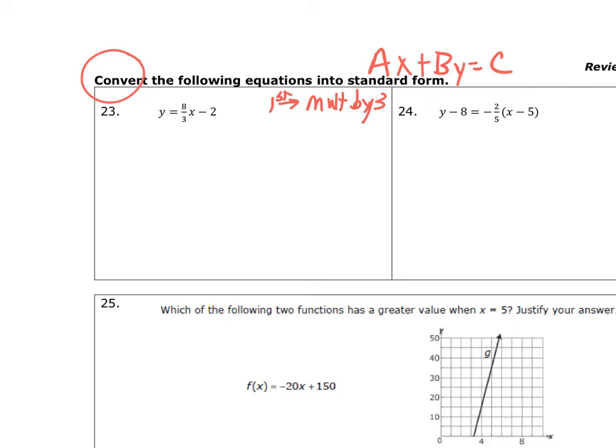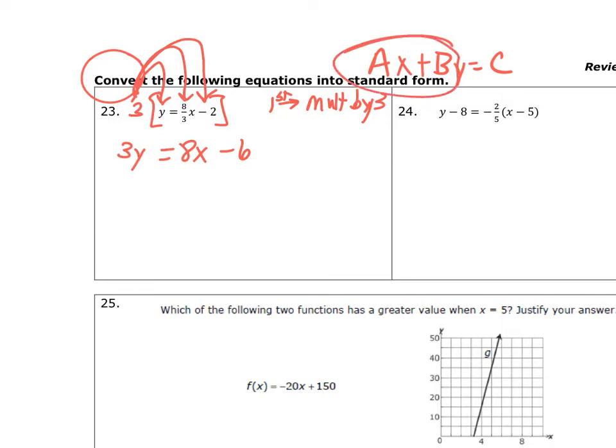So I know if I'm going to clear the fraction, I'm just going to multiply everything by the denominator. So 3 times y is 3y. 3 times 8/3 x is going to give me 8x. If you don't know 8/3 times 3 is 8, do that in your calculator. And then 3 times negative 2 is going to give me negative 6.